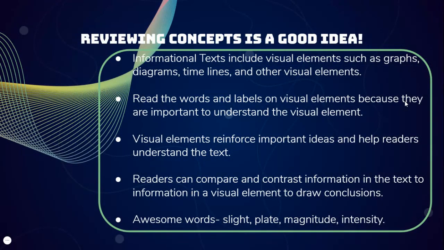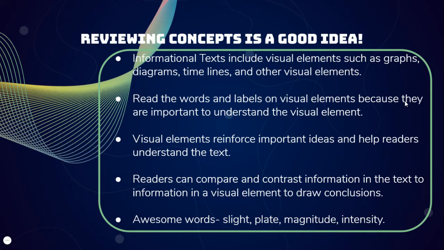Let's review the concepts from this lesson. Informational texts include visual elements such as graphs, diagrams, timelines, and other visual elements. Read the words and labels on visual elements because they are important to understand the visual element.